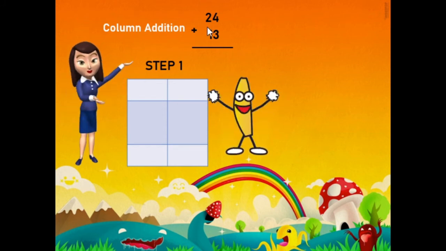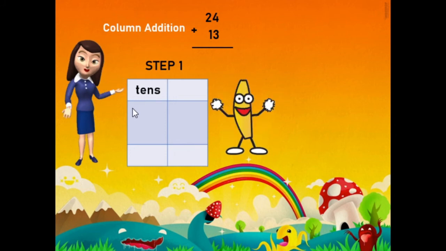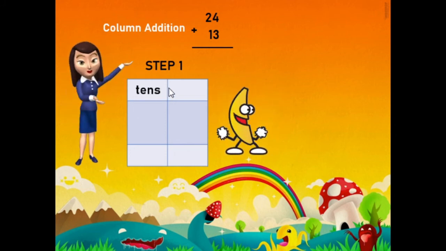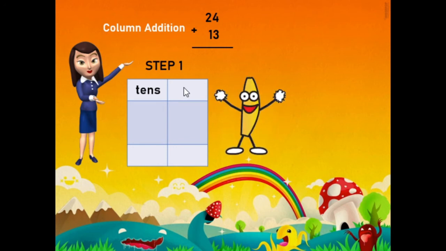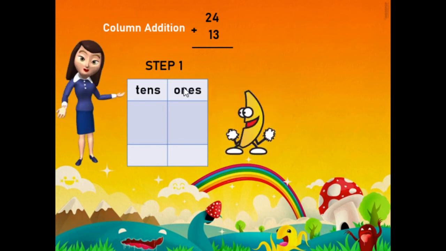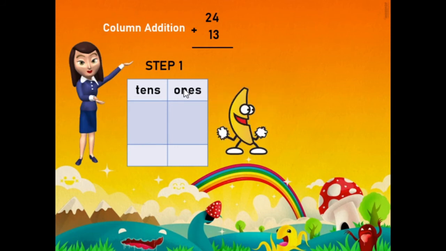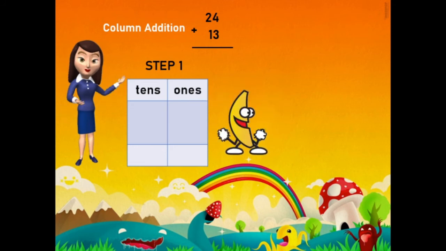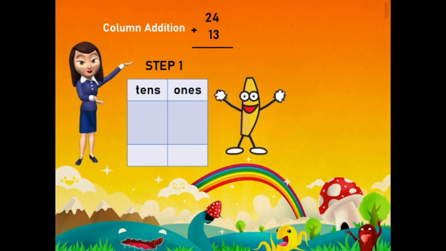In the first column, we will write tens for the tens place, and in the other column, we will write ones for the ones place. Tens and ones. Now we are ready to put each digit in its place.